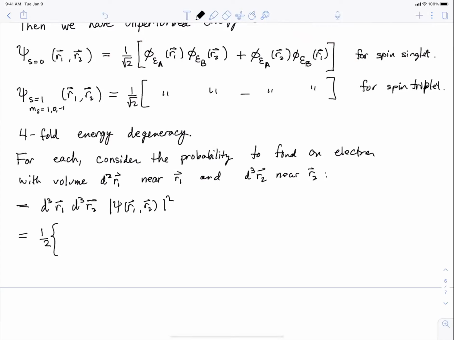And then I get the following terms when I take the complex square. There's going to be wave function for EA, r1, times wave function for EB, r2. And then I get the same thing in reverse.